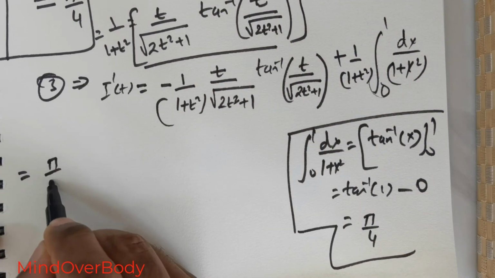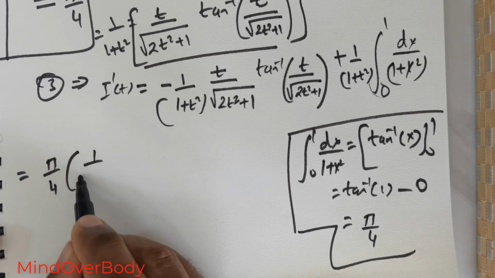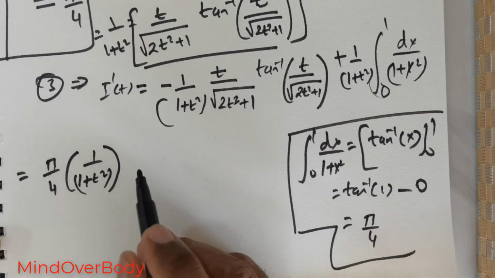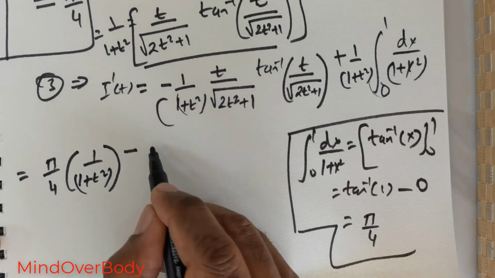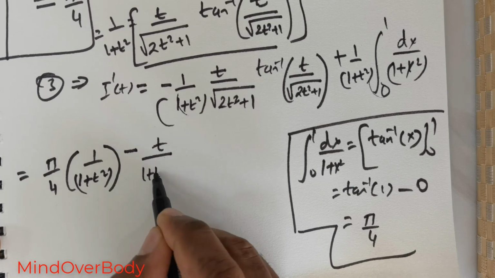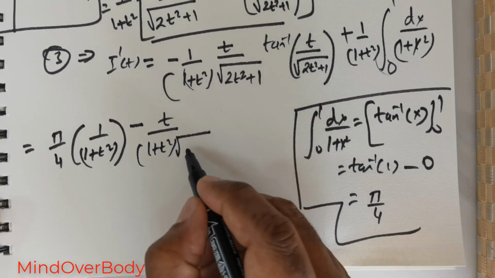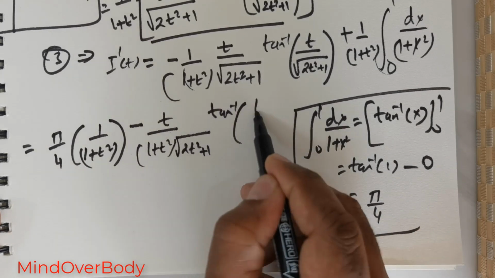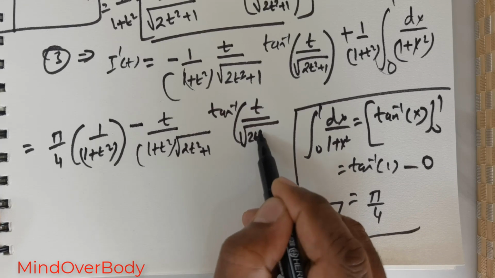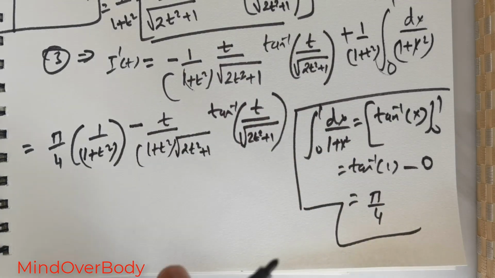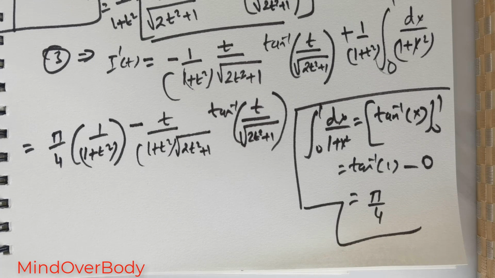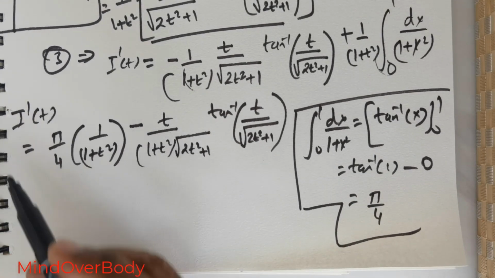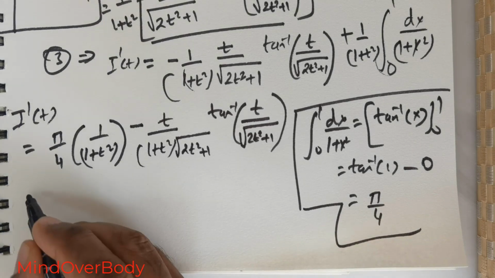So this is going to be pi over 4 times 1 over 1 plus t squared, negative this quantity: t over 1 plus t squared times root of 2 times t squared plus 1 times tan inverse of t over root of 2 times t squared plus 1. Okay, so we have got a beautiful value here. On the left hand side it's I dash of t. Now we need to get rid of the I dash of t, and that is done by integrating.